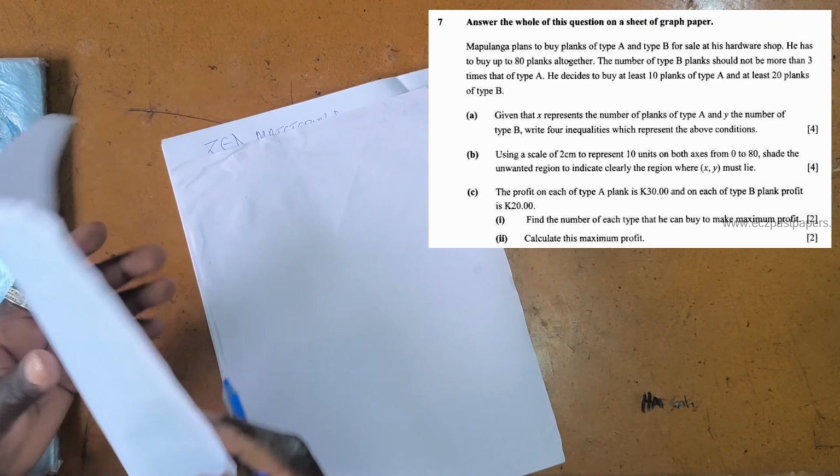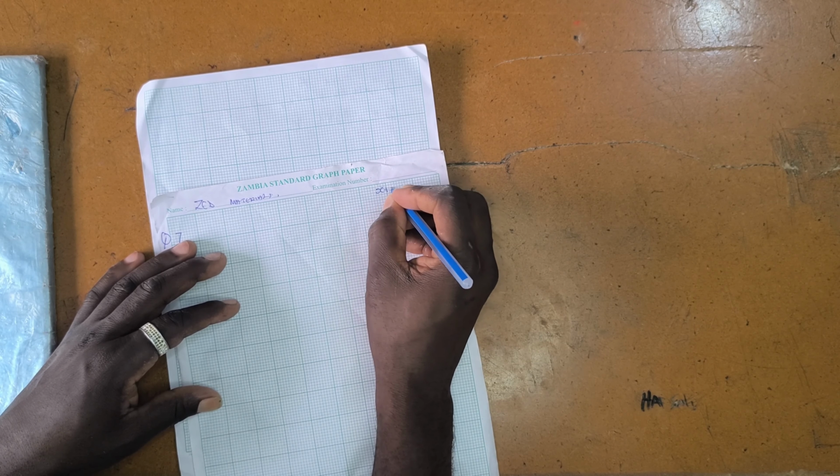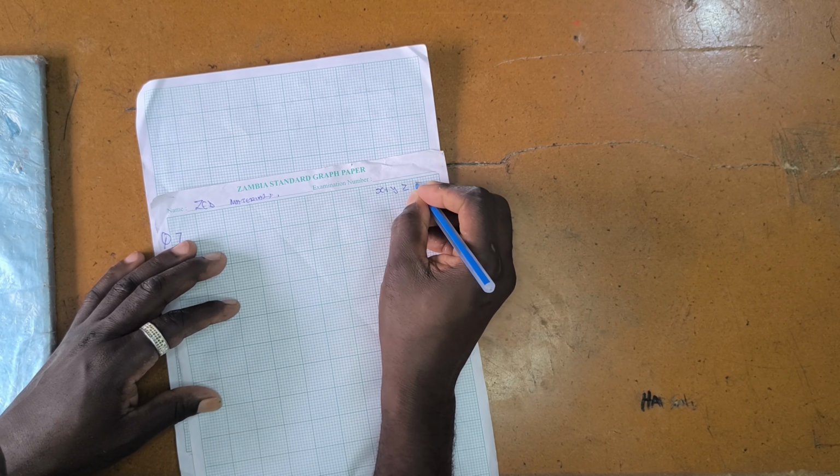They are saying buy up to 80 planks altogether, so number 1 will be X plus Y is greater than or equal to 80.